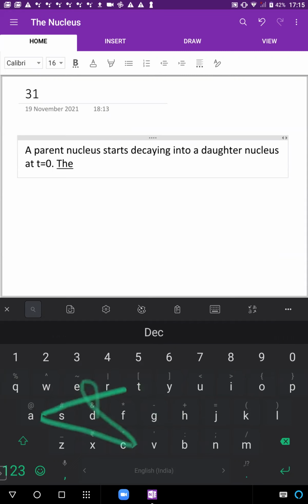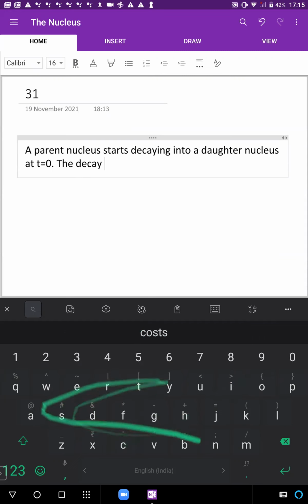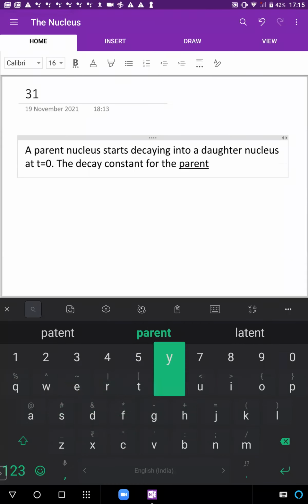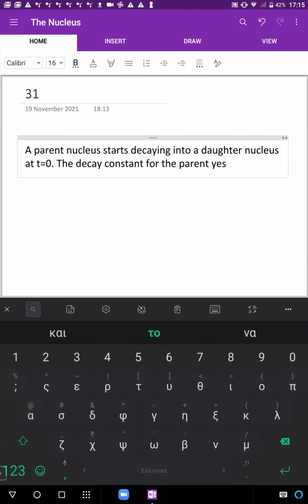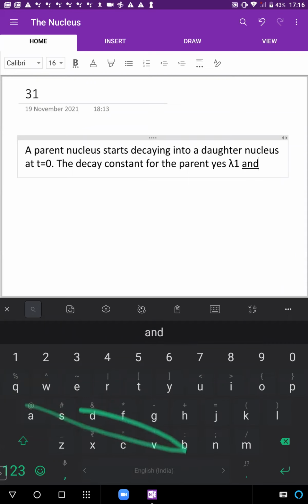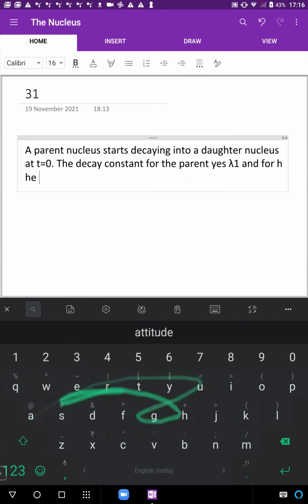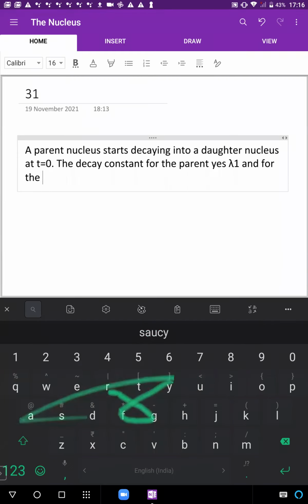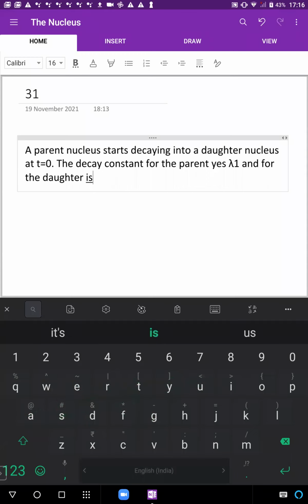The decay constant for the parent is lambda 1, and for the daughter is lambda 2.